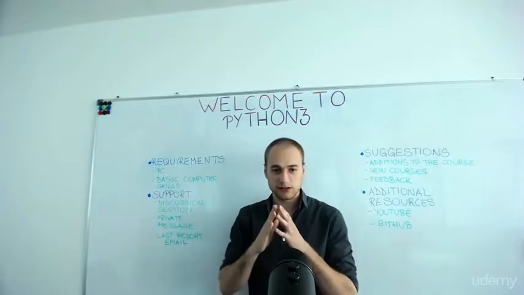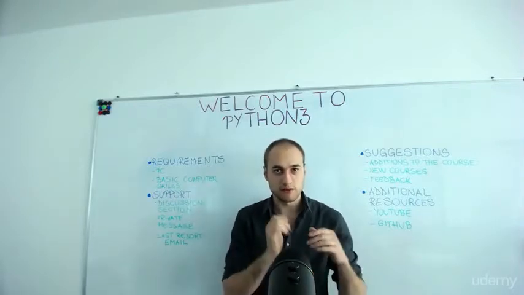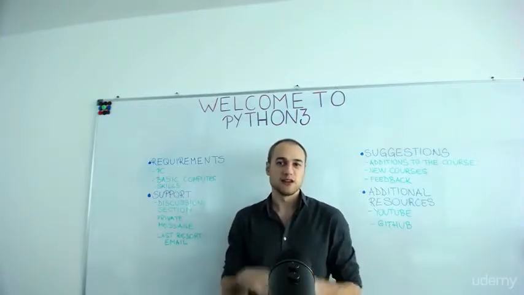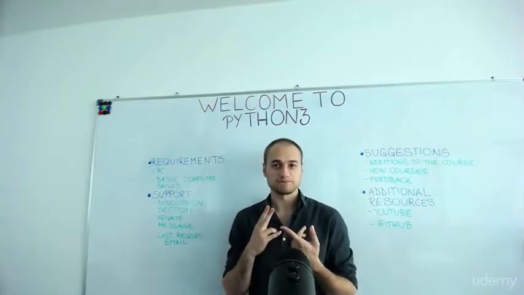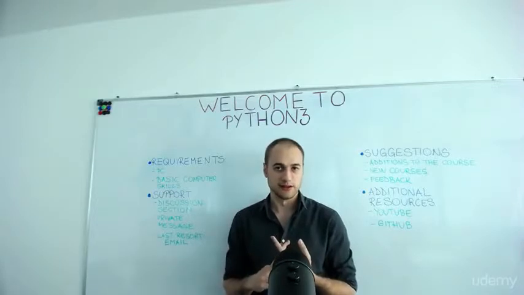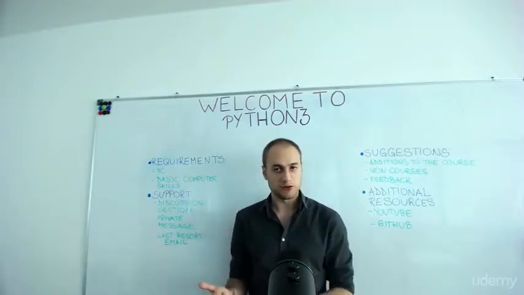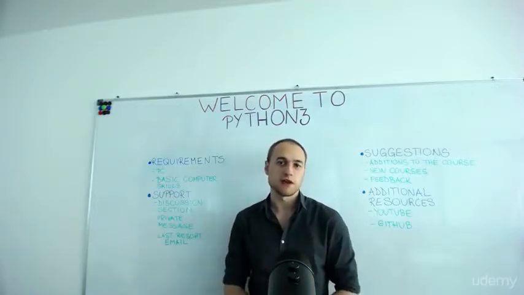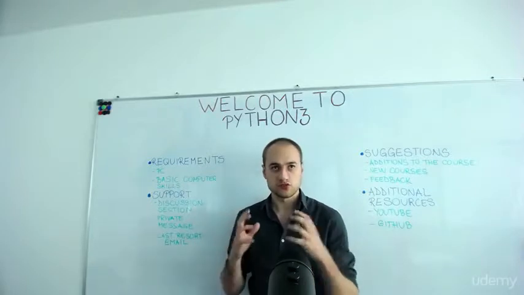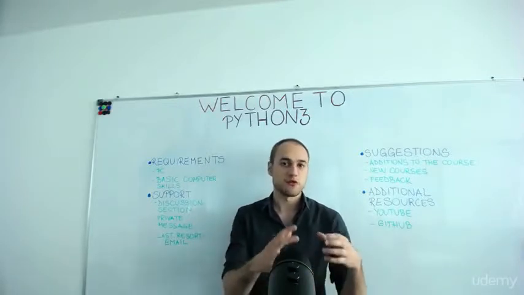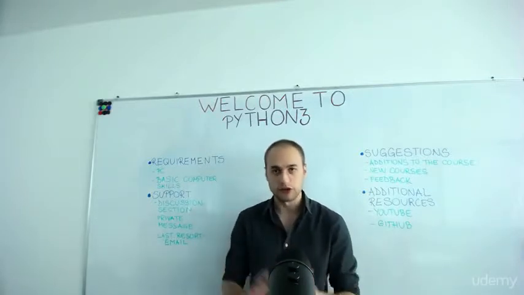I mean, they are the basic of the basic pre-requirements. You need a functional computer and you need some basic computer skills. You basically need to know how to power your computer on, log in, and from that point onwards, we will guide you through pretty much the whole process. We strive not to skip any steps when explaining anything pretty much.